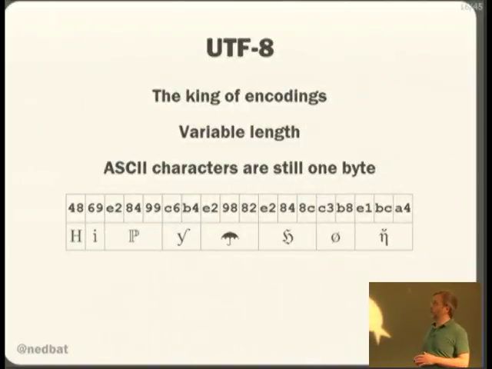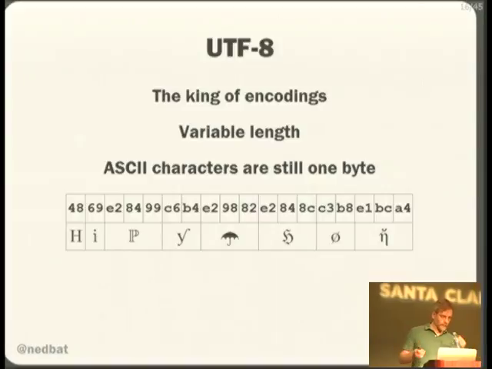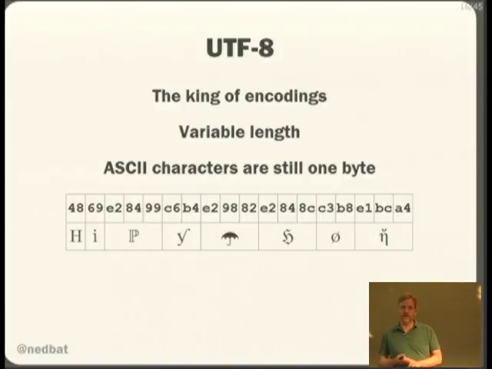The main one you need to know about is UTF-8. UTF-8 is the king of the encodings. And 2 things that are very important to understand about UTF-8 is that 1, it's variable length. Different Unicode code points will need different numbers of bytes. And the other thing is that all of the ASCII characters are 1 byte in Unicode and have their same values.